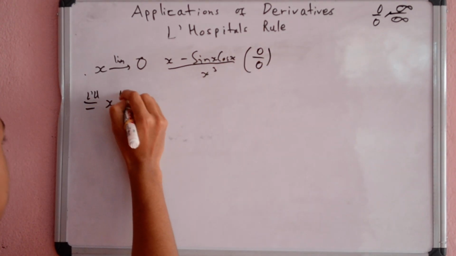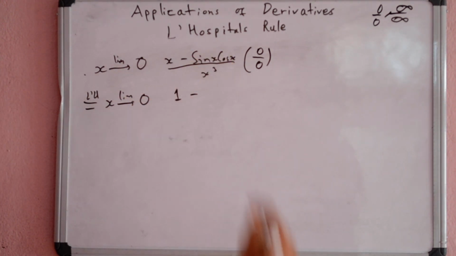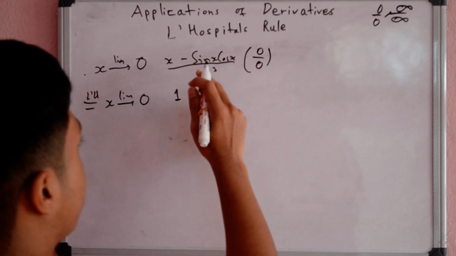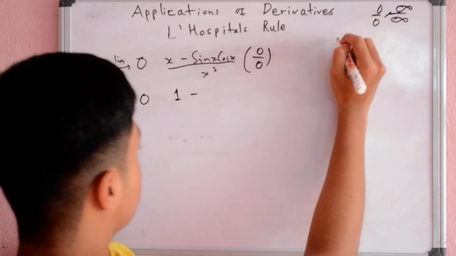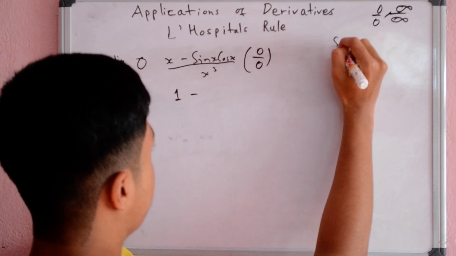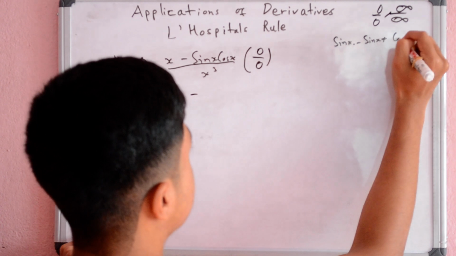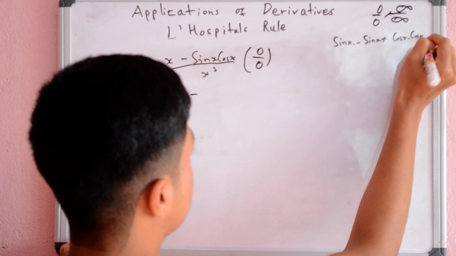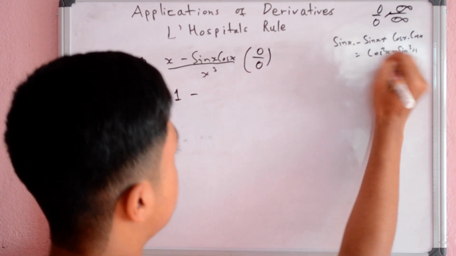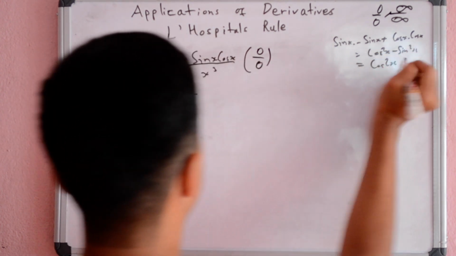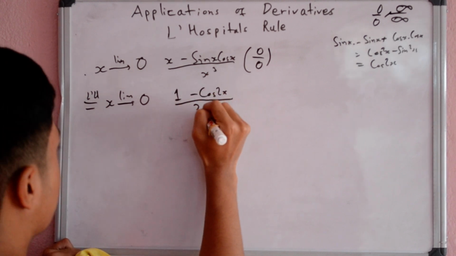The derivative of x is 1 minus, well, what's the derivative of sine x cos x? We can use the product rule, which gives us sine x into minus sine x plus cos x into cos x, which gives us cos square x minus sine square x, which is equal to cos 2x. So we get cos 2x by 3x square.